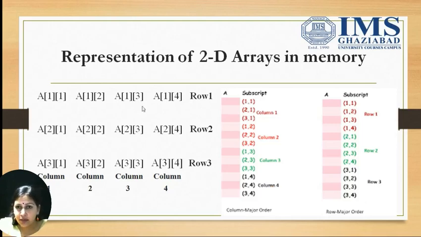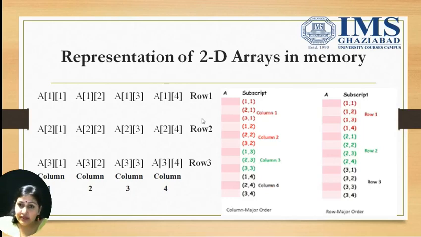Firstly, column number 1, that is A11, A21, A31, gets stored. After that, column number 2, that is A12, A22, A32, gets stored. After that, column number 3, A13, A23, A33, and after that, column number 4 gets stored.